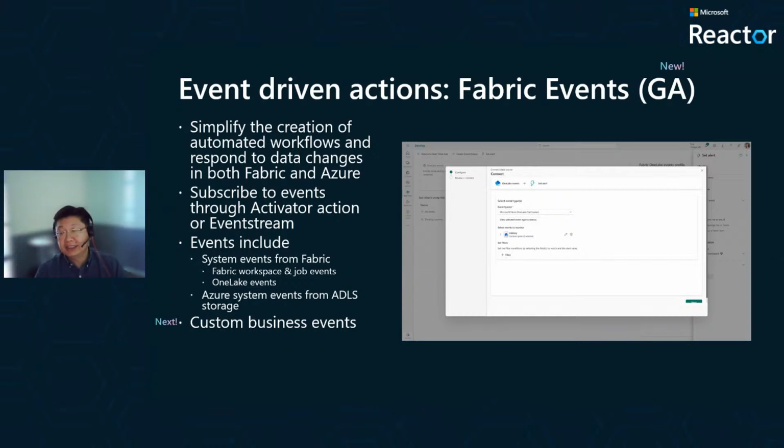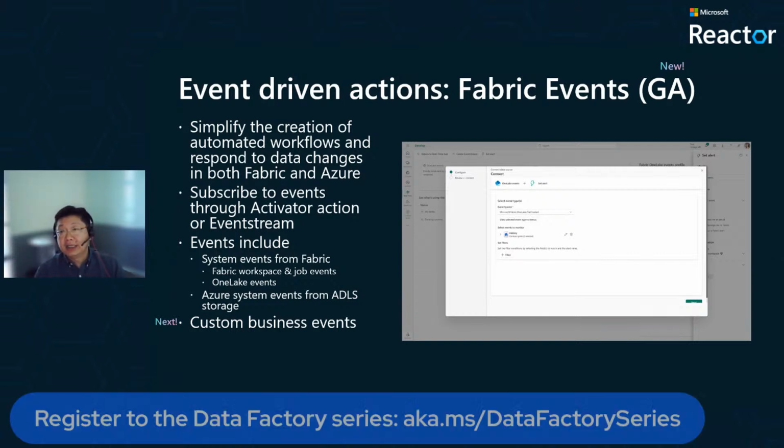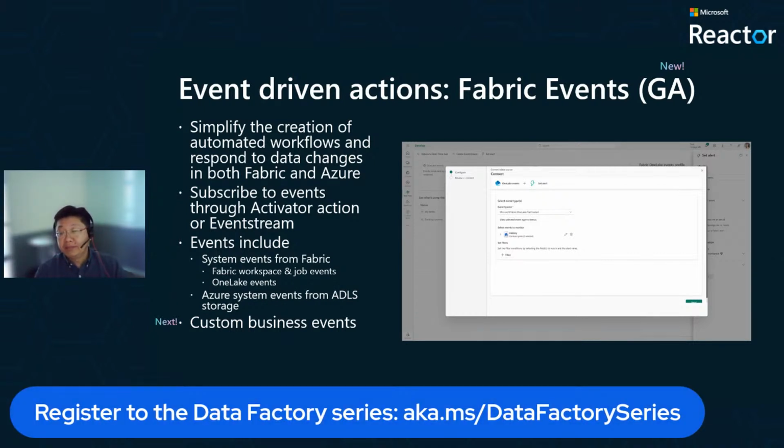Like I said, you can trigger a notebook job run, or you can trigger data integration, the pipeline job, copy job as well. So with this kind of Fabric events produced, it can help you to create pipeline automation and achieve certain scenarios.